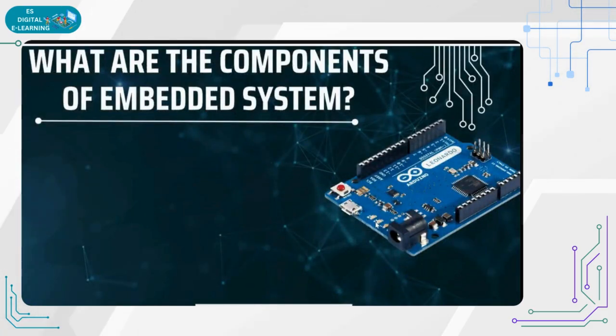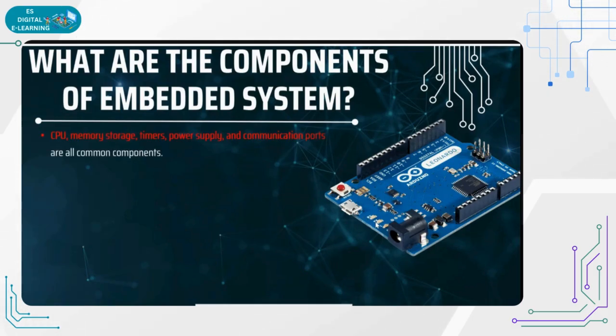So what are the components of an embedded system? Generally, can anyone tell me? Yeah, CPU, microcontrollers. Yeah, so the components: CPU, memory storage, timers, power supply, communication ports. These are the common components that should be required for the embedded system to establish the communication.